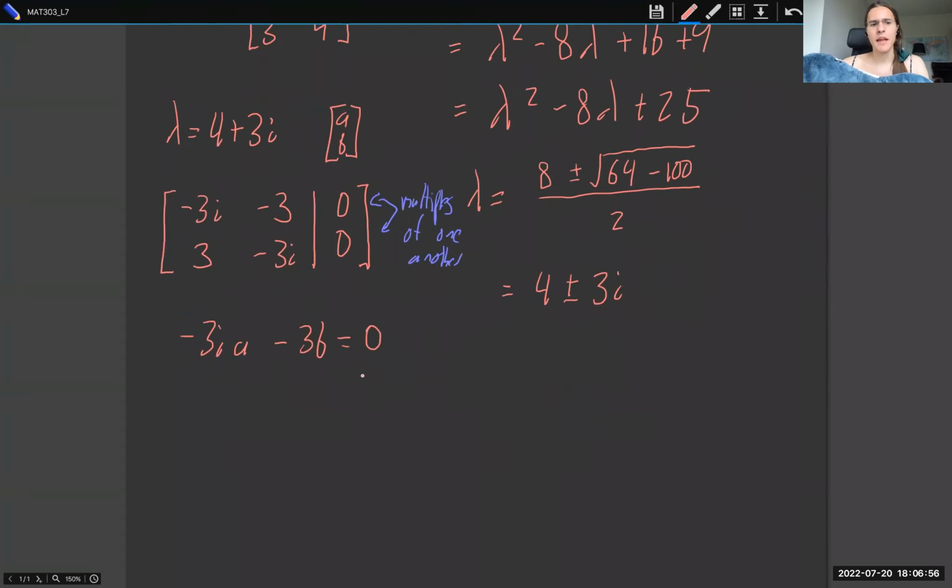So when we have something like this, it's under constrained and we can set A to whatever we want. Well, if we set it to 0, then B is 0, and then it's a 0 eigenvector, and that doesn't give us any information. We want a non-zero eigenvector. So let A equal 1. Then the 3's cancel out, and B is equal to negative i times A, so negative i.